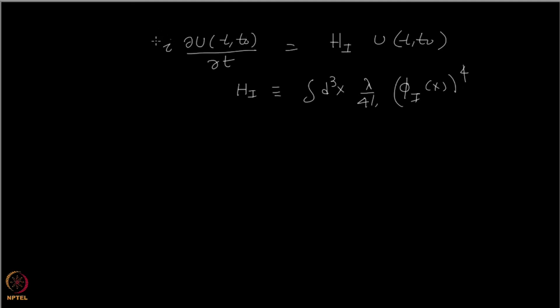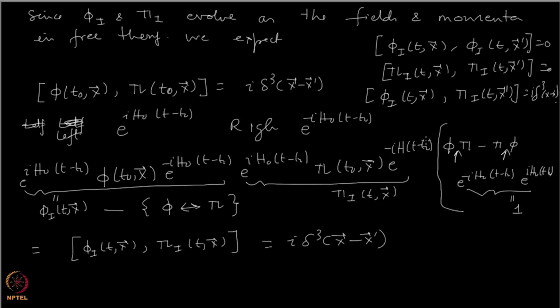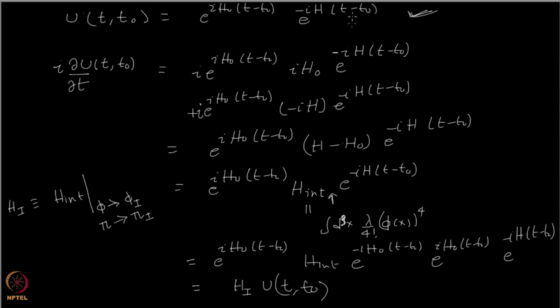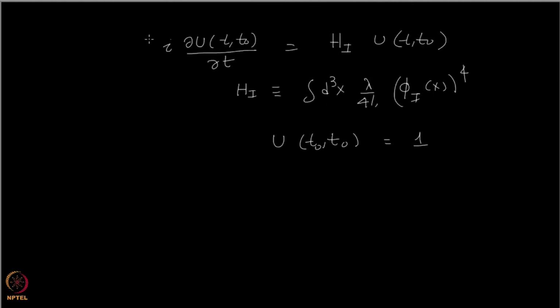Okay, and to uniquely determine the solution you need a boundary condition, and that's easy. You can check that U of t naught is 1. If you put t naught here, that becomes 1, this becomes 1. So U of t naught, t naught is 1.